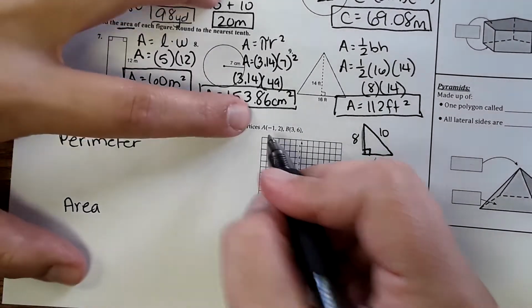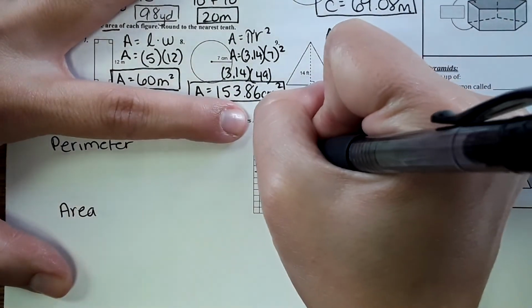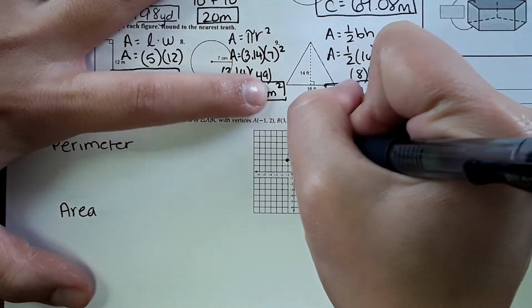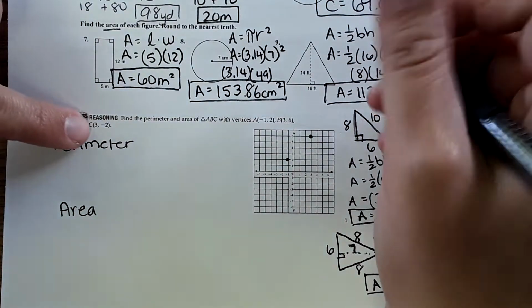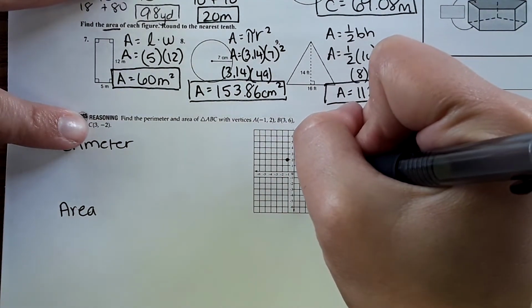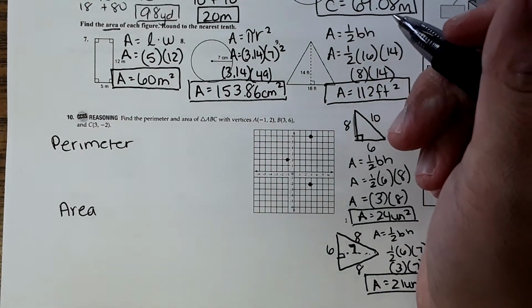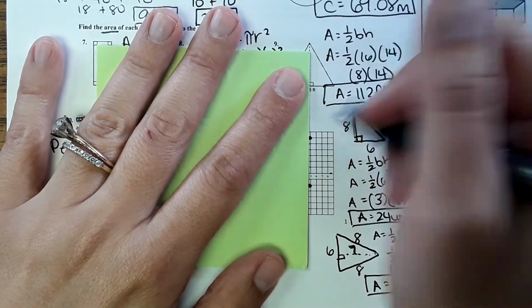Now we're going to plot our points. And then connect the dots. Best way to do this would probably be with your ID to get a straight line.